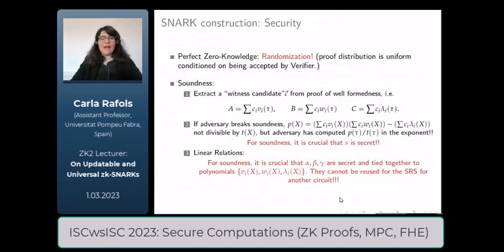And why is this sound? How would the soundness proof work? Essentially, if you build the soundness proof, it would go like this. You first would extract a witness candidate from A, B, and C. I will say a little bit about this in a second.